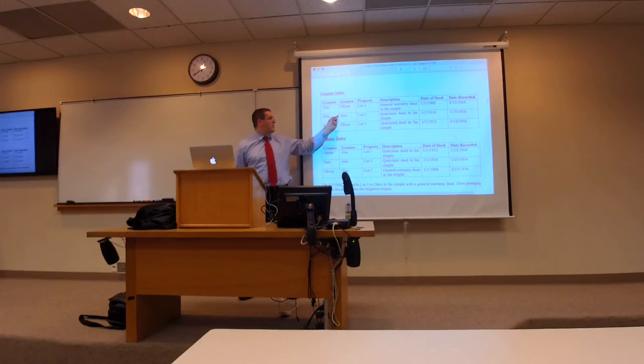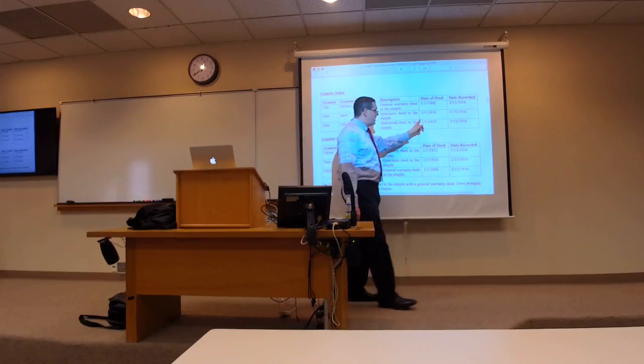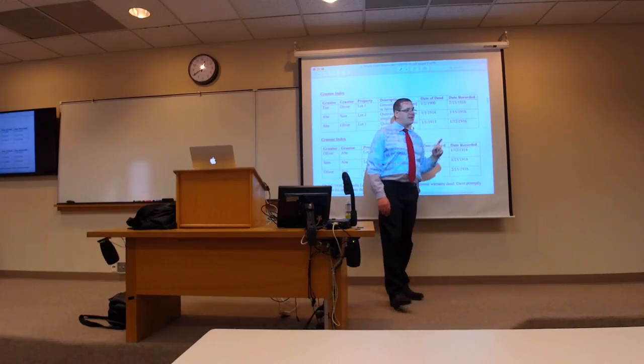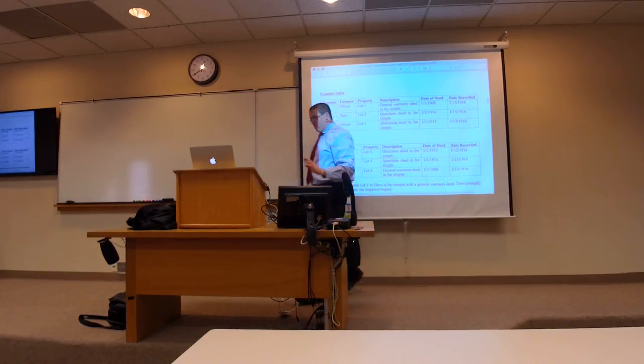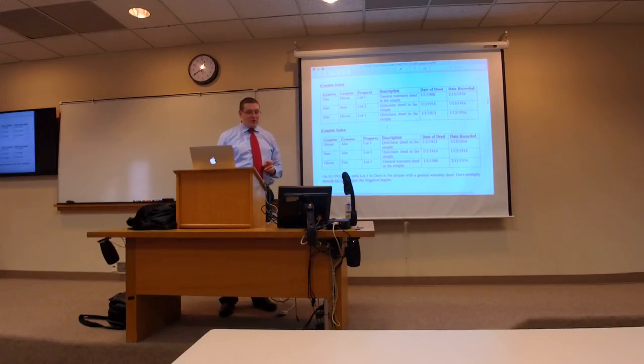Okay? We also have this bit with Sam. We know that Sam gave lot number 2 to Abe, quitclaim deed in 1914, and was recorded in 1916. We don't stop there, we keep going. Then we work our way back up on the other side.